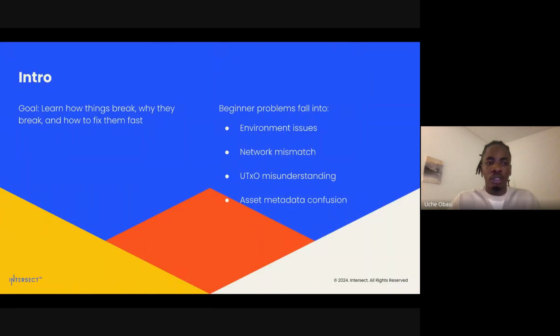So the goal of this session today is to introduce you to how to break things, right? Or rather, how things break. Introduce you to how things break, why they break, and how to fix them fast, right?